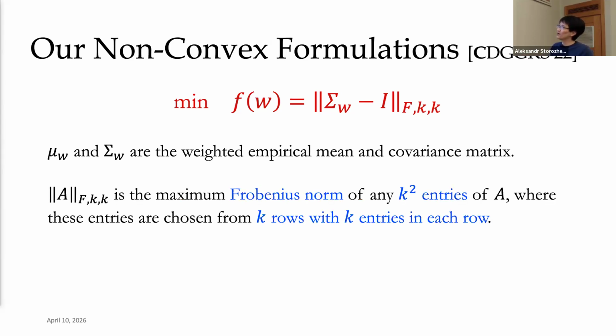It's a Frobenius norm, but it has a bunch of restrictions on how I compute it. It says I want to focus on the largest k squared entries with the additional constraint that I must choose k rows, and then in each of these k rows, I can choose k entries.